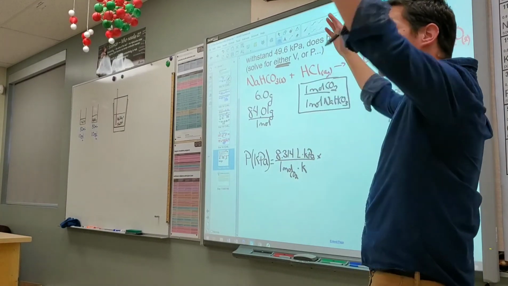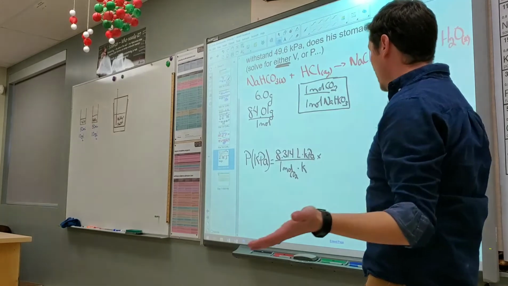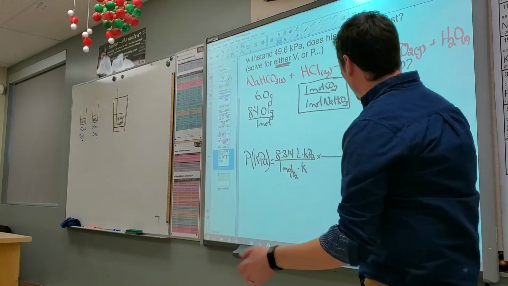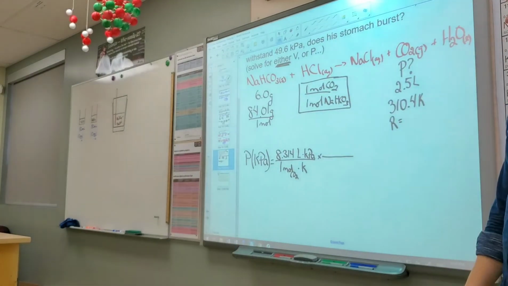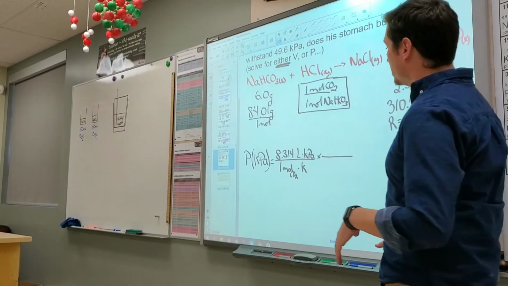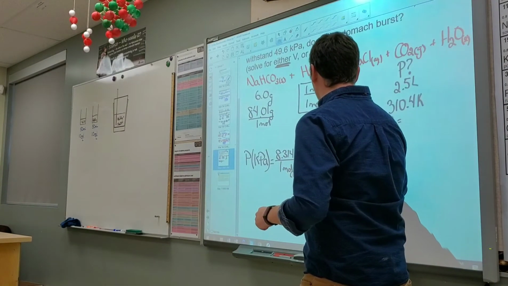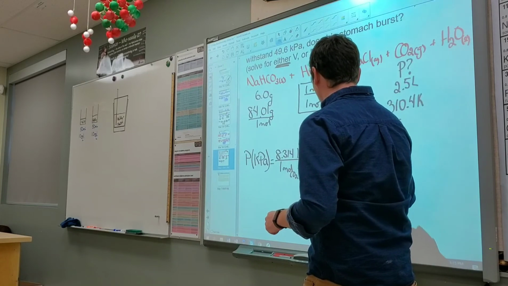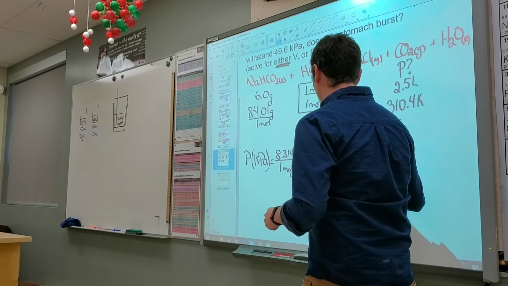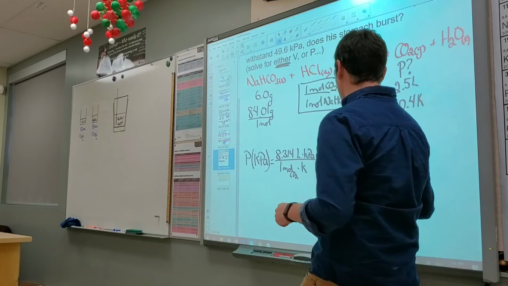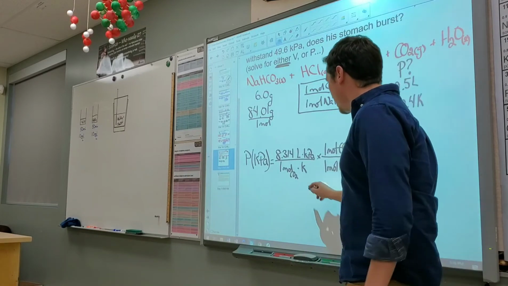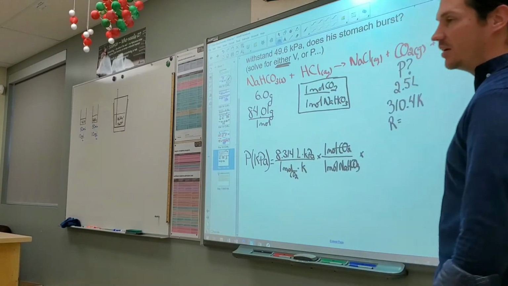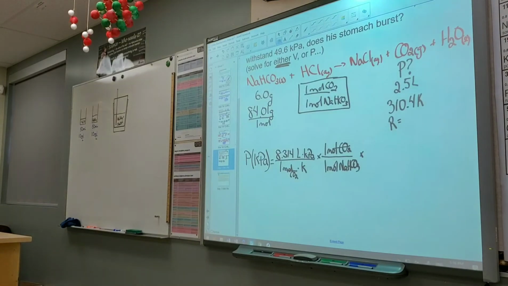Let's cancel out moles of carbon dioxide. Where else do you see moles of carbon dioxide? The molar ratio: 1 mole of carbon dioxide for every 1 mole of sodium hydrogen carbonate. Moles of carbon dioxide disappear. Gone from the face of the earth.